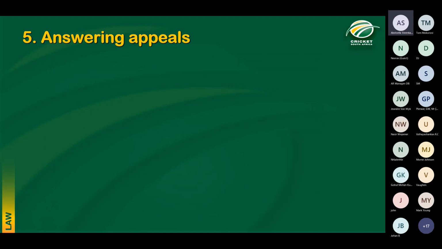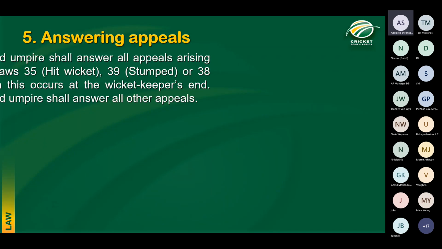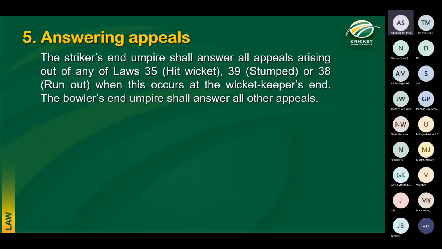So in terms of answering appeals, which umpire answers which appeals? Next week, on Wednesday, we'll cover the modes of dismissals. And there are 9 of them. So the law tells us that the striker's end umpire shall answer 3 of those modes of dismissals.